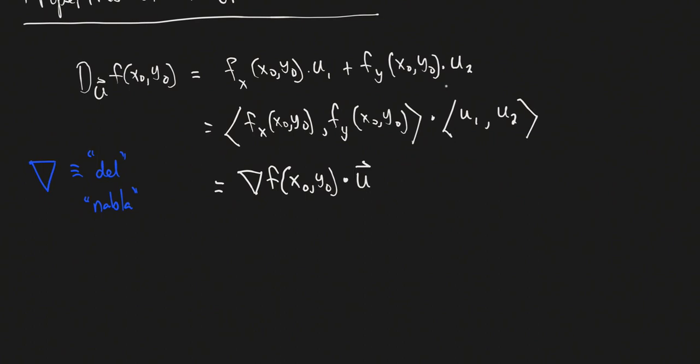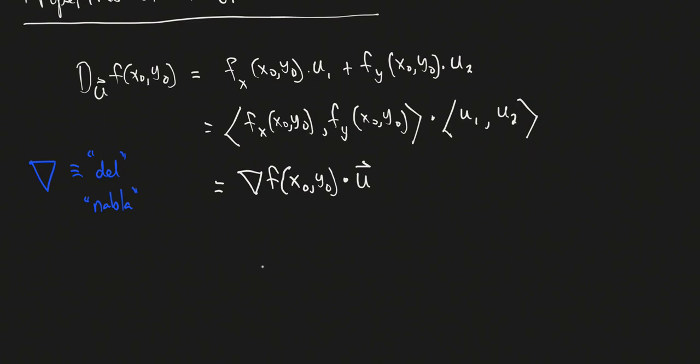What do we know about dot products? Well, we know dot products have a geometric interpretation and also an algebraic interpretation. If we focus on the geometry of the dot product, we can gain some deeper insight into this whole gradient thing and what exactly it means.